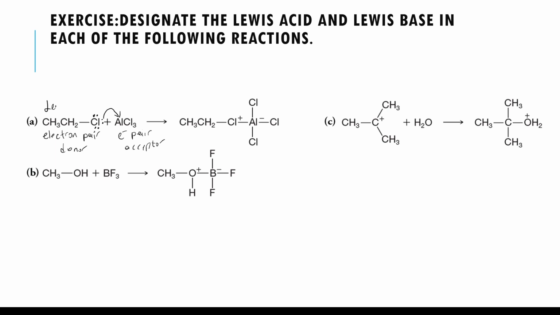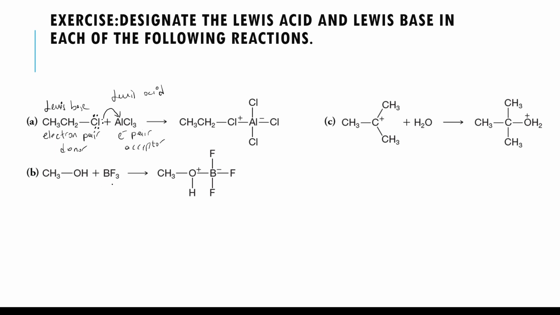So this is a Lewis base, and aluminum chloride is a Lewis acid. And we know that metals generally accept electron pairs from oxygen, chlorine, and from atoms that have lone pair electrons. So most of the time, metal salts are Lewis acids, and Lewis bases are generally species, organic species, having lone pairs. Okay.